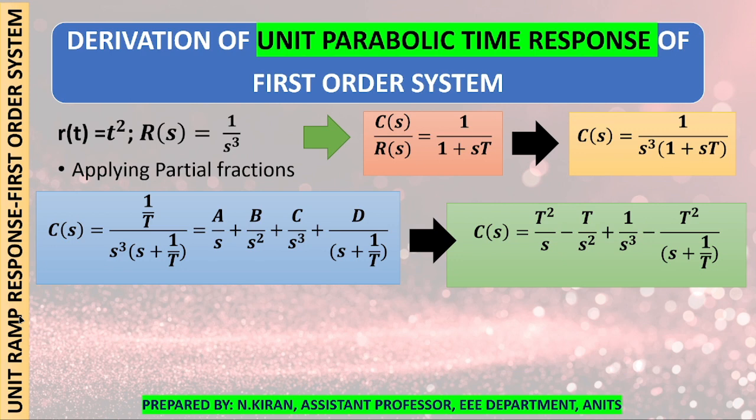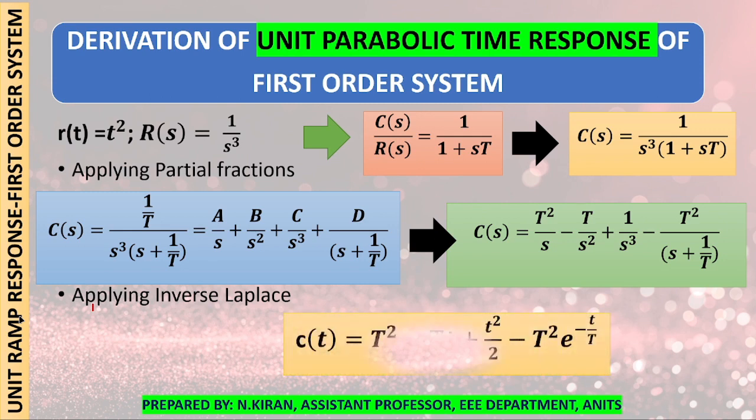Upon inverse Laplace, we know that the inverse Laplace of 1/s is 1, the inverse Laplace of 1/s² is t, the inverse Laplace of 1/s³ is t²/2, and the inverse Laplace of 1/(s+a) is e^(-at).